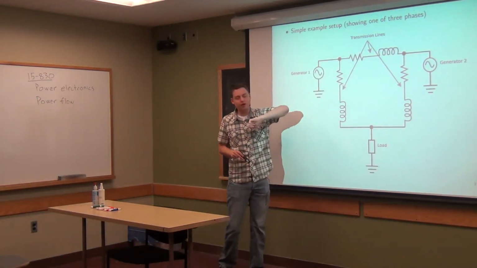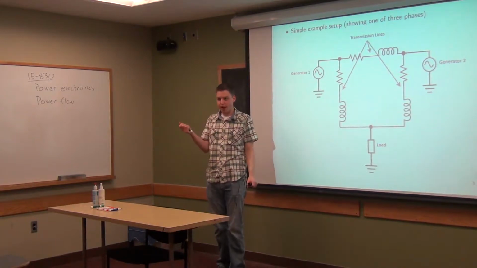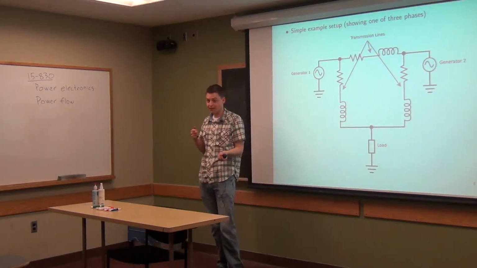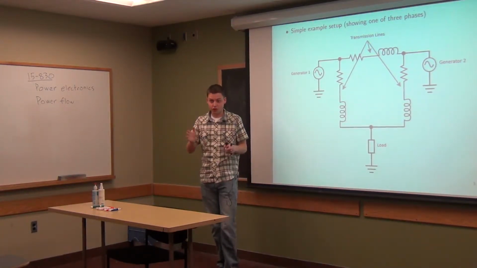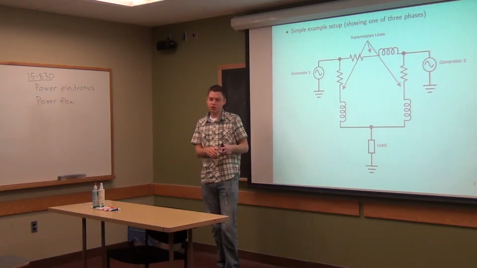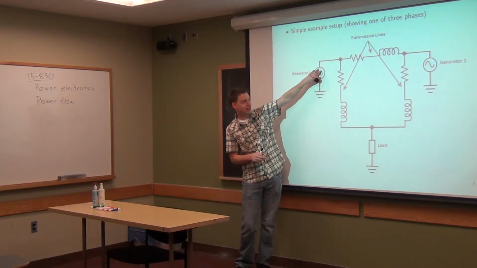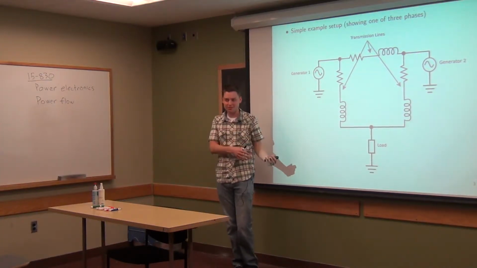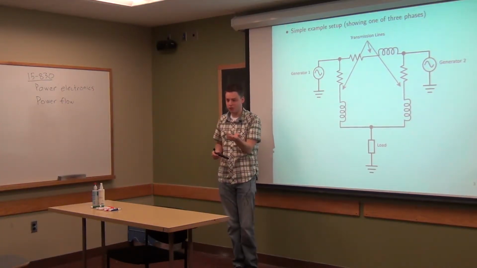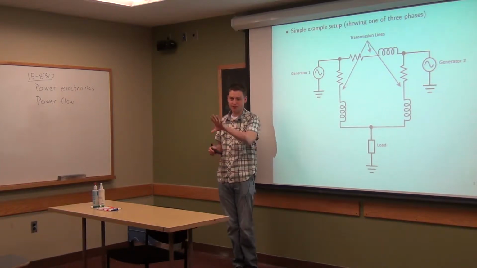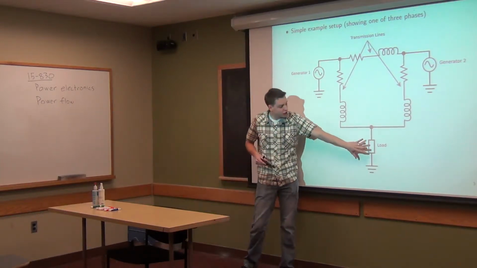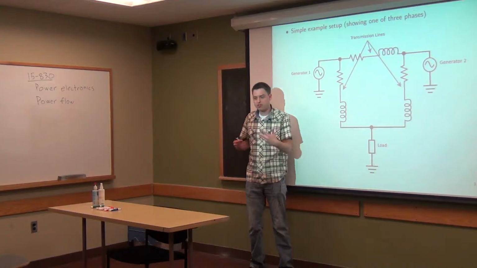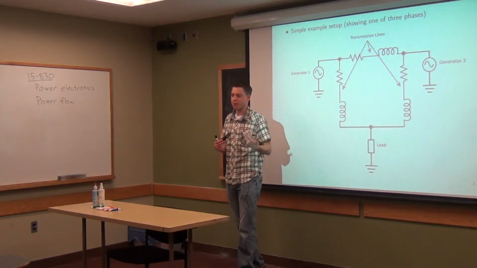Because remember, with generators, we could set both the real power output and the absolute magnitude of the voltage. We couldn't really control the reactive power directly. So you can think of generators as things that control both real power, not reactive power though, and absolute voltage, for example. And we'll define that much more formally in a second. And loads, you can think of as things that just consume some amount of real power and some amount of reactive power.